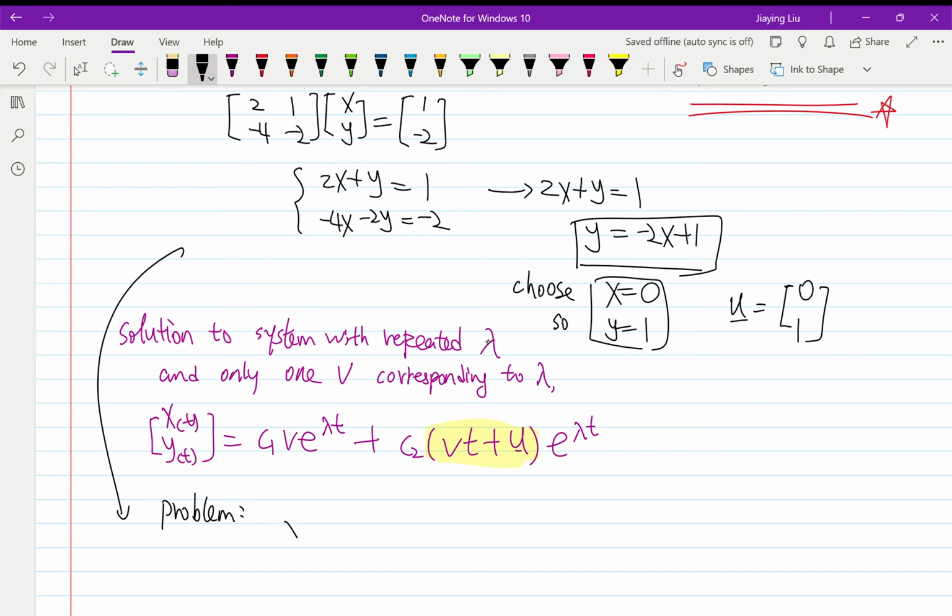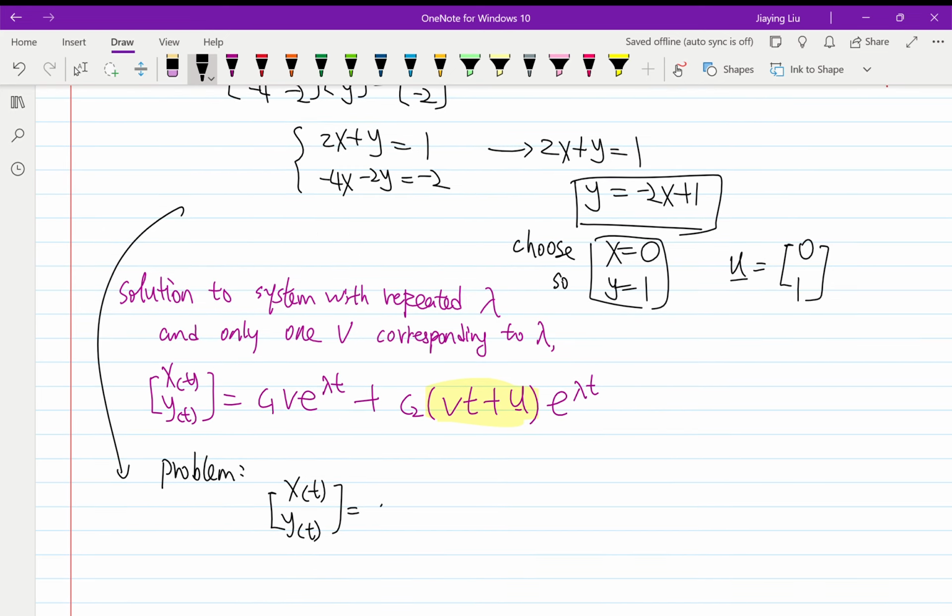The solution is going to be x of t, y of t in vector form will be c1 times v, 1, negative 2, e to the lambda, which is 5t, plus c2, parentheses, v again, 1, negative 2, times t, plus u, which is 0, 1, close the parentheses, e to the 5t.